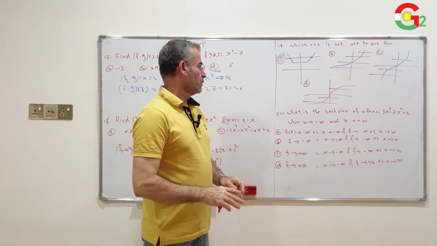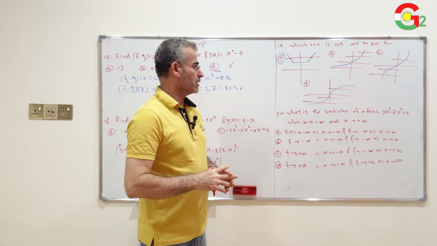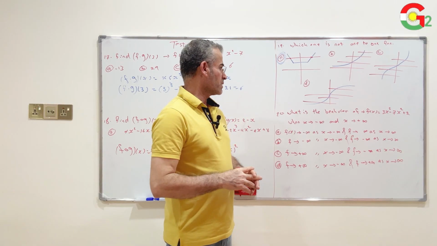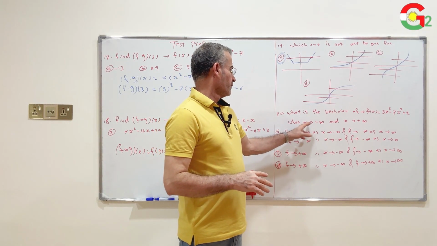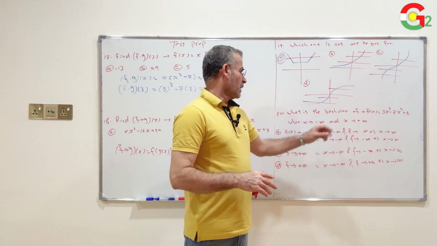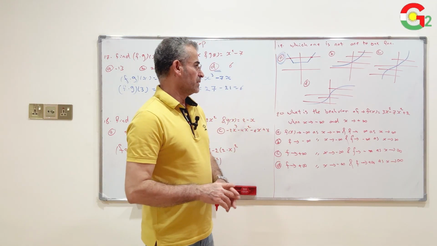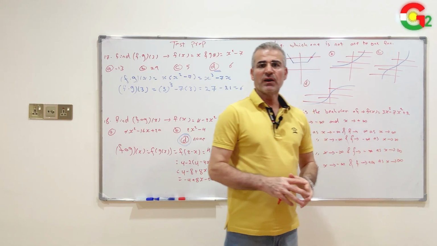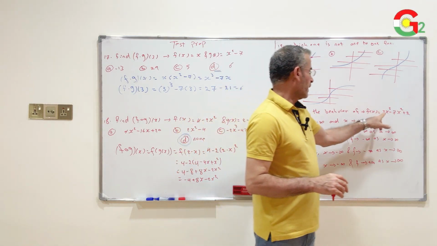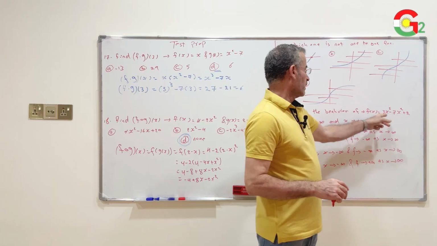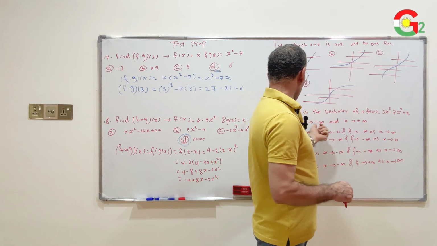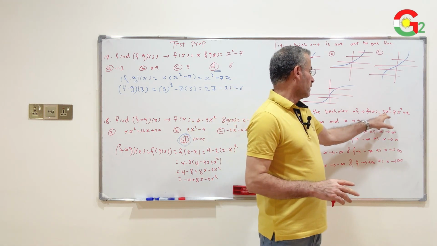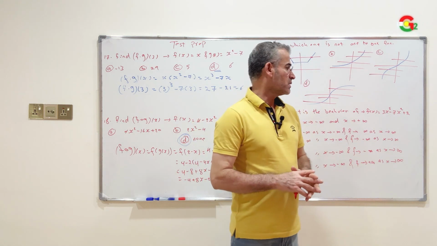Question number 20. What is the behavior of the function f of x equals 3x power 5 minus 7x squared plus 2 when x tends to negative infinity and x tends to positive infinity? The behavior depends on the x with the maximum power. When x tends to negative infinity, power 5 is negative infinity, times 3 is also negative infinity.